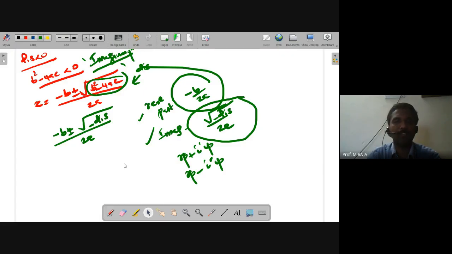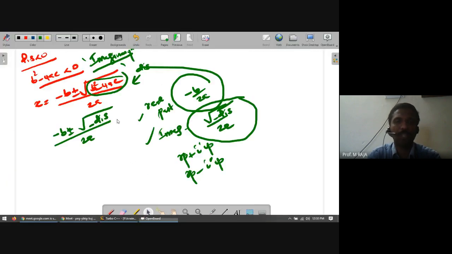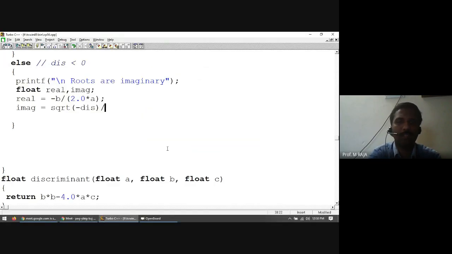If it is minus 5, then this becomes minus of minus 5, which is plus 5. Square root of minus discriminant will be divided by, again, the expression 2.0 star a. So real part and imaginary parts are obtained here.